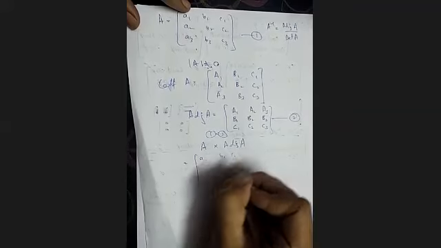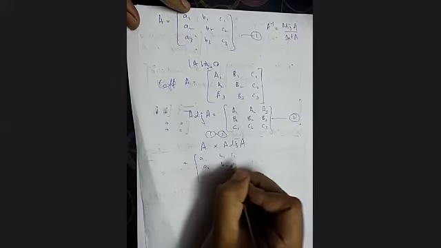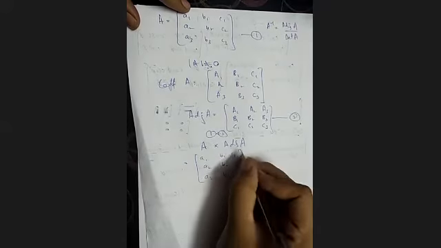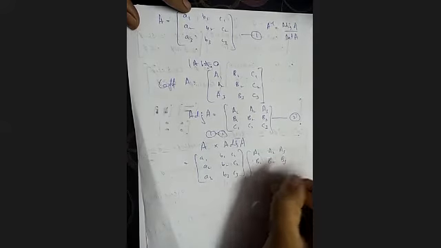Okay, we are multiplying 1 and 2. So we will get a1, b1, c1, a2, b2, c2, a3, b3, c3, and adjoint is A1, A2, A3, B1, B2, B3, C1, C2, C3.